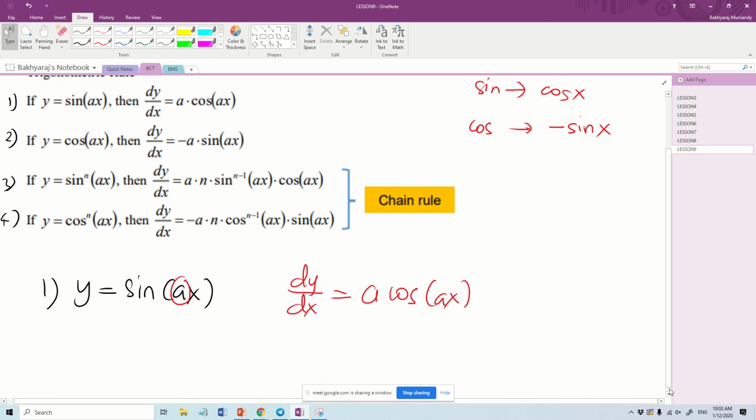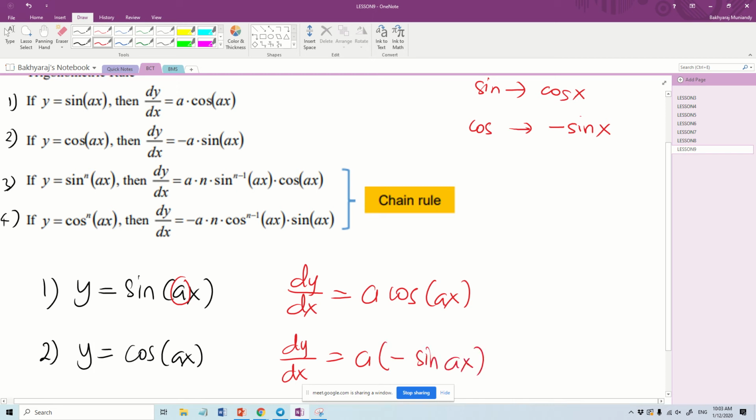Number 2, again the same thing. This time we have cos ax. Then dy/dx will be equal to a, and we have negative, so negative sin ax. That's why we actually have negative a sin ax.